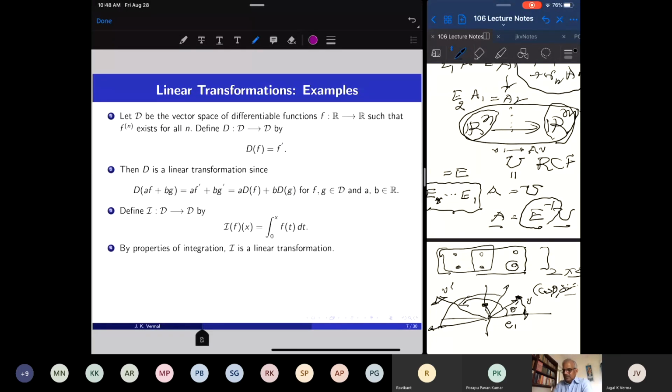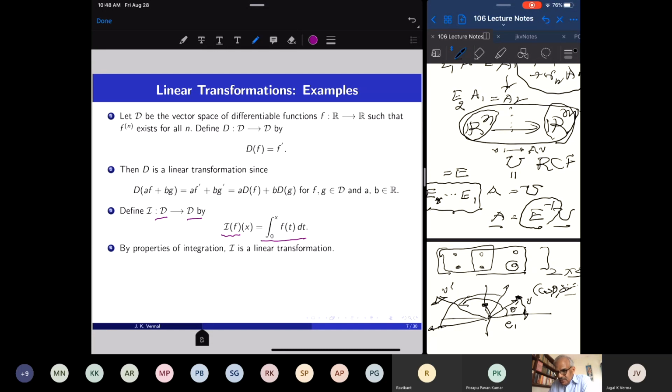Take the same vector space D, and the input is a function f. I of f is a function of x: you integrate f(t) dt from 0 to x, producing a function of x. We know that if I integrate a function which is differentiable, the integral is also differentiable.